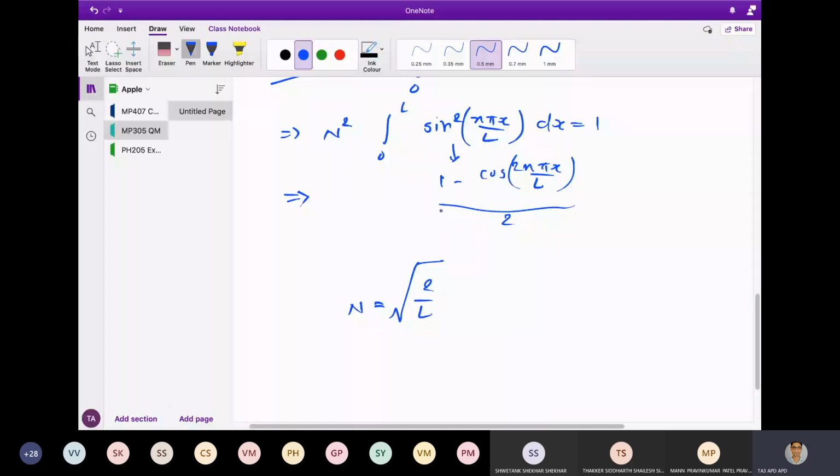Everyone's answer is coming N equal to under root of 2 by L.